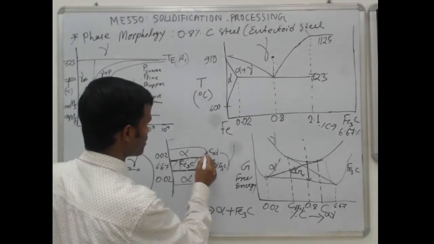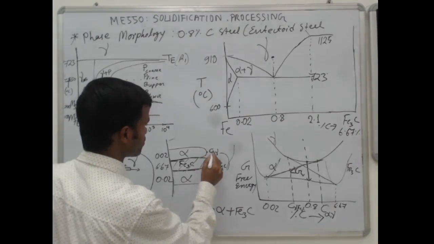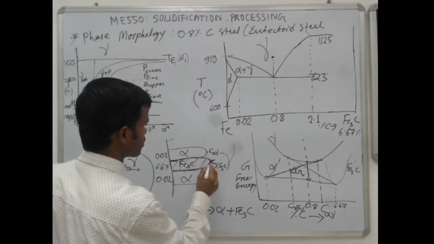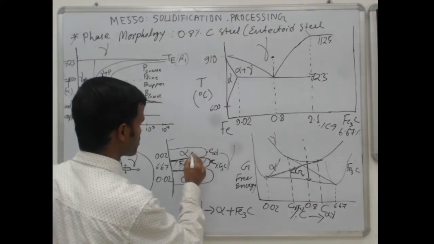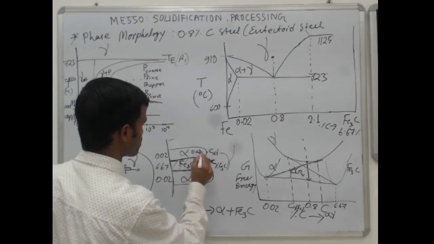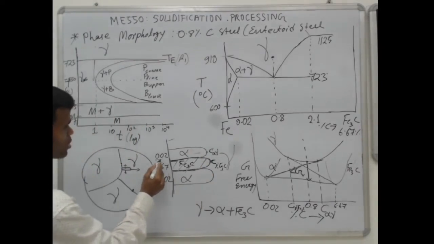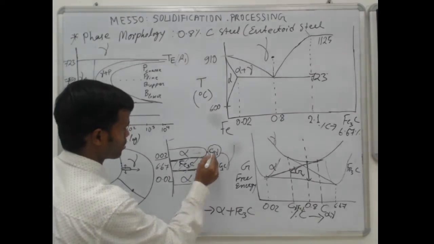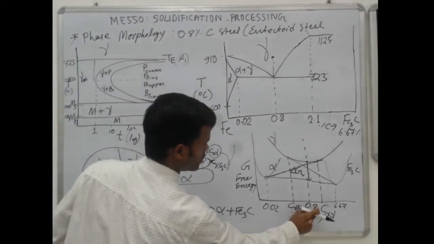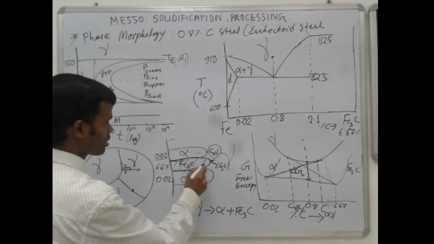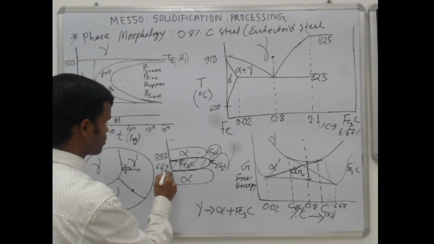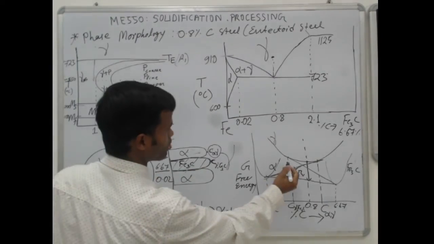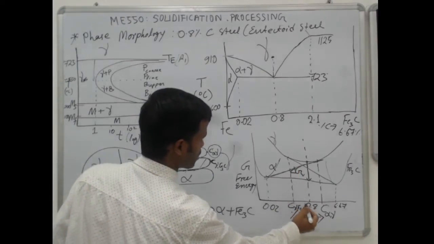So that means you have a concentration gradient from this to this. Alpha has 0.02% carbon, but ahead of alpha you have so much carbon, more than 0.8, while here it requires 6.67% carbon, but the carbon concentration is less.